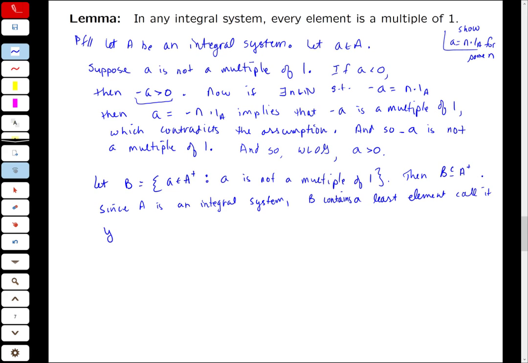Call it Y. I know Y minus 1 is not in B. Therefore, by definition of B, Y minus 1 is a multiple of 1.